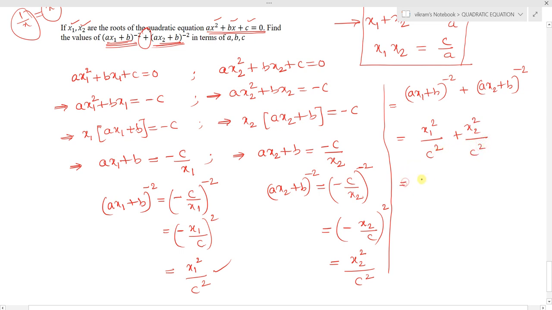That means we can write this as x1 square plus x2 square by c square, and the result is asked in terms of a, b, c, not in terms of x1 and x2.